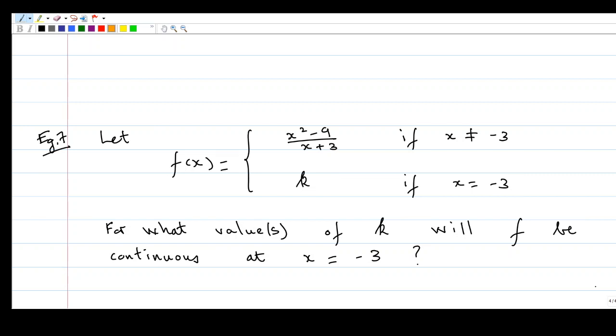The question is, for which values of k will f be continuous at x is equal to 3? You must try this out using your three conditions for continuity, and you'll get the solution on the PDF.